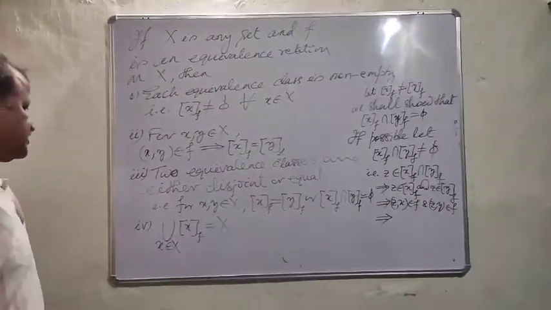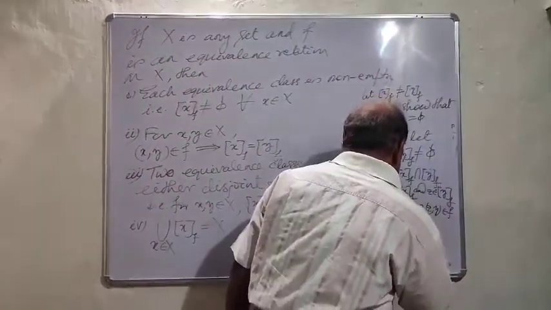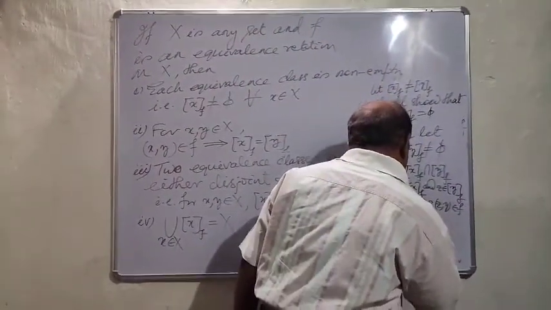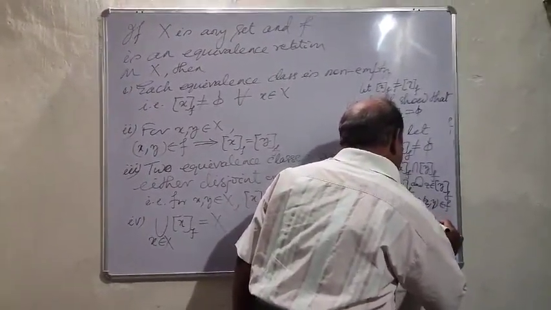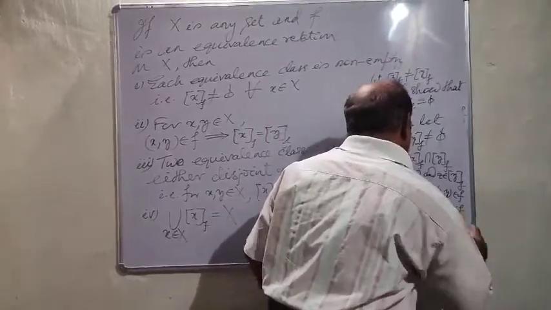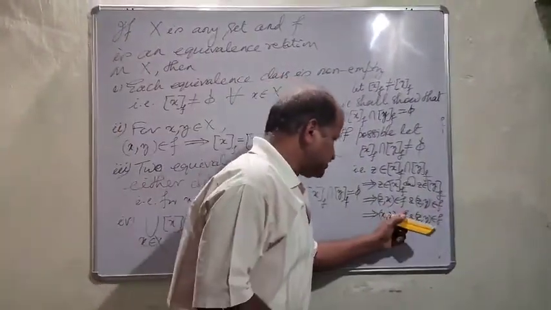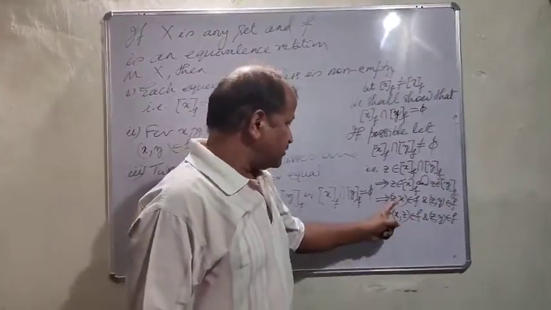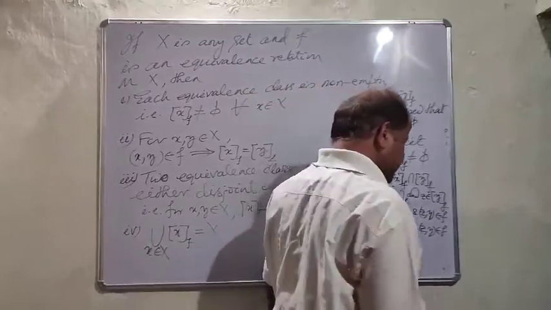So this implies (X, Z) belongs to F and (Z, Y) belongs to F. How? Because F is symmetric. (Z, X) belongs to F implies (X, Z) belongs to F, as F is symmetric, because it is an equivalence relation.